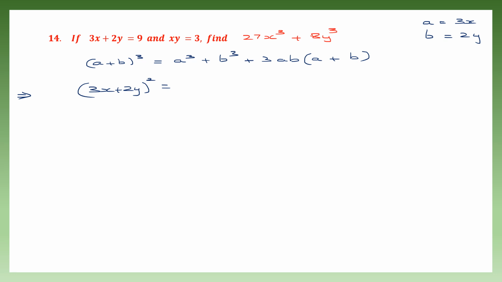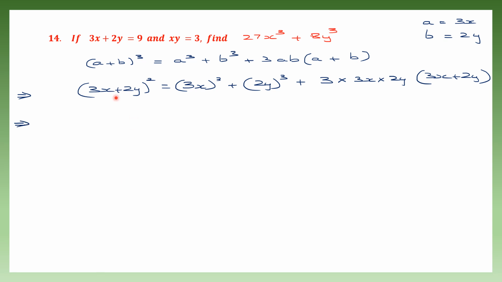So let's substitute. A cube means 3x the whole cube plus b cube, and b is 2y, 2y the whole cube, plus 3ab means 3 into 3x into b, that is 2y, into a plus b, which is 3x plus 2y. Now substitution wherever we can.